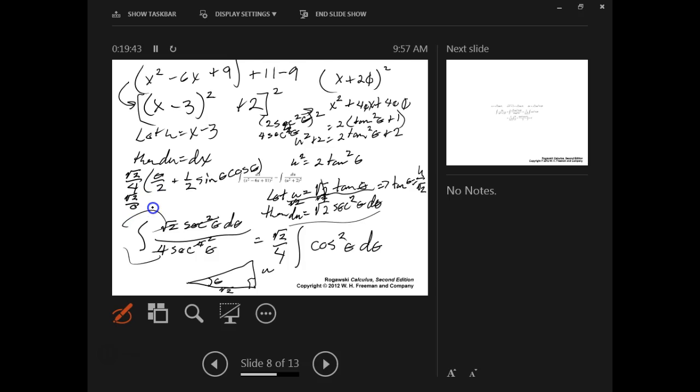Now, from this expression here, that tangent theta is equal to u over root 2, we can get what theta is. What will theta be? This expression here, can we get theta by itself? How?